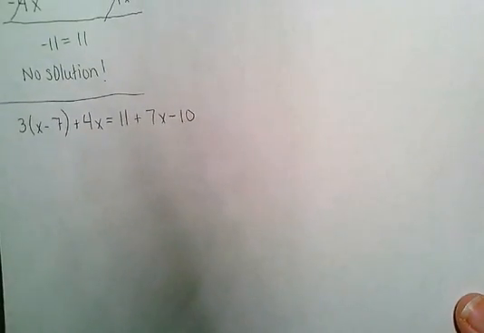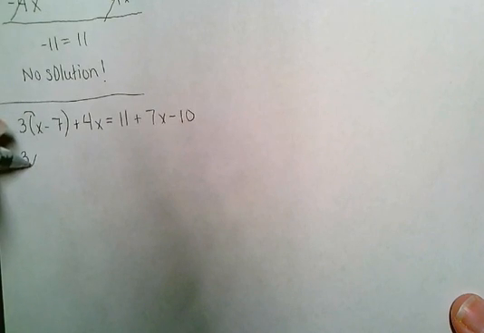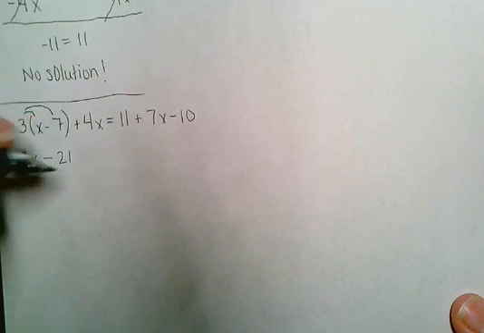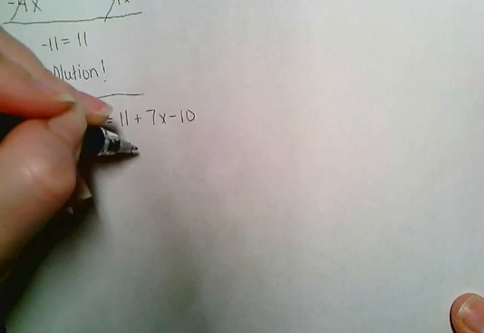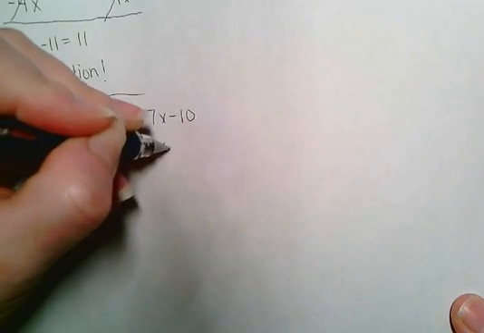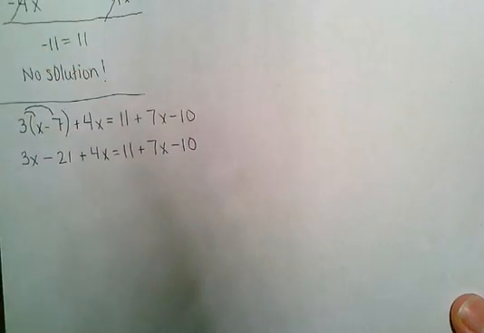So in this next example, I need to use the distributive property to simplify first to get rid of the parentheses. So I have 3 times x, which is 3x, and I have 3 times minus 7, which is minus 21, and then I still have my 4x equals 11 plus 7x minus 10.